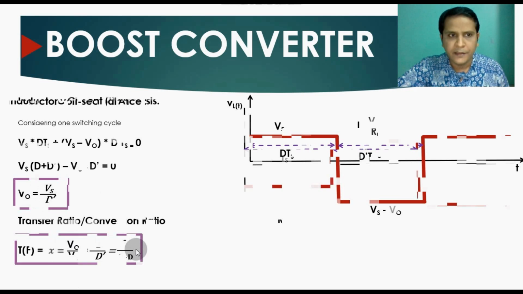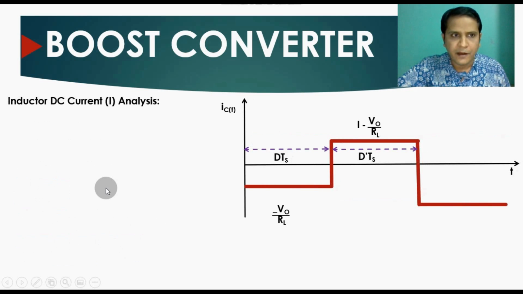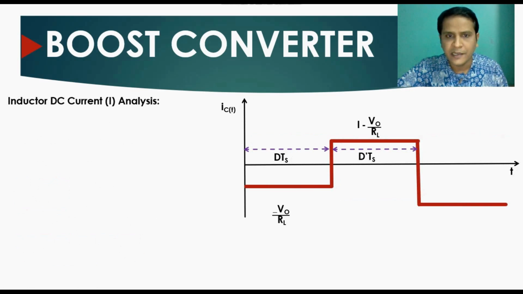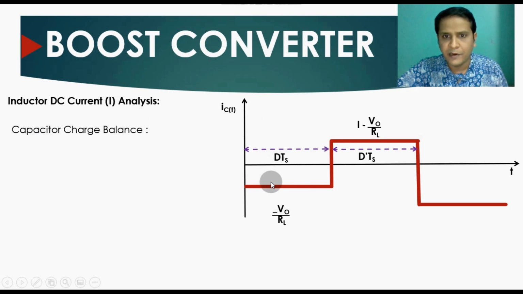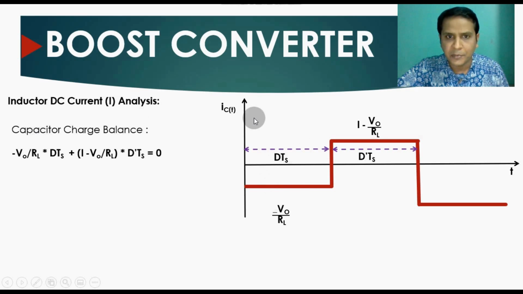Now let us understand inductor DC current analysis. What is the role of inductor DC current? We already know the capacitor charge balance, and this waveform we have already seen. Now we will apply the capacitor charge balance for this waveform.